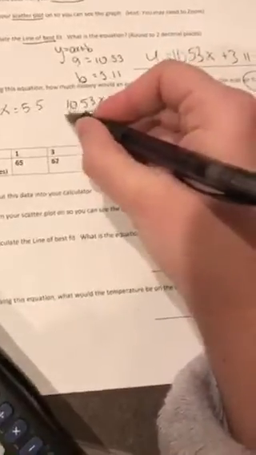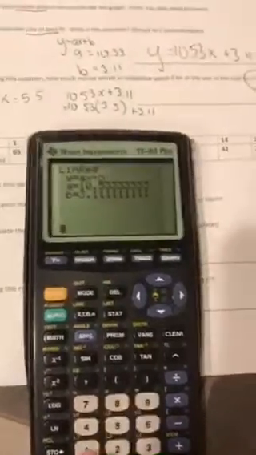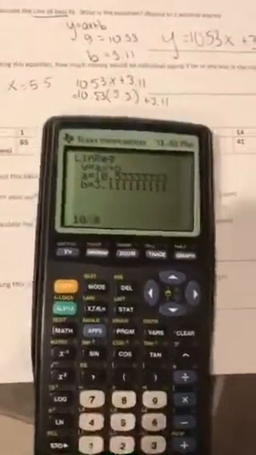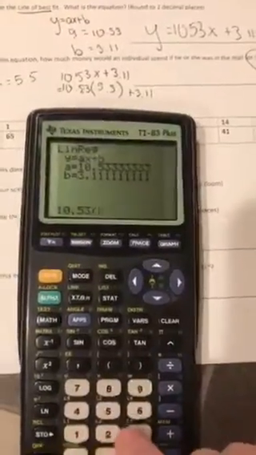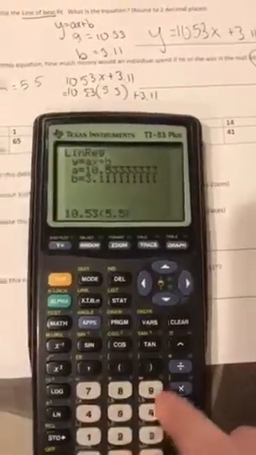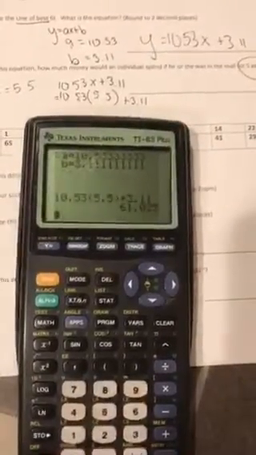Everything else stays the same. And then you can use your calculator to plug that in. So you would have 10.53 times 5.5 and then plus 3.11.